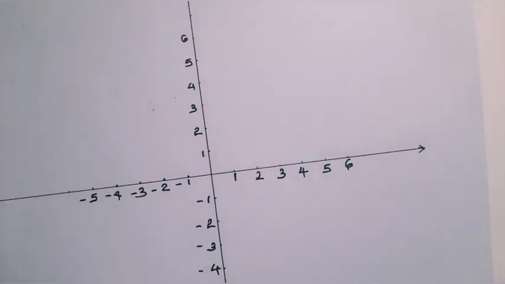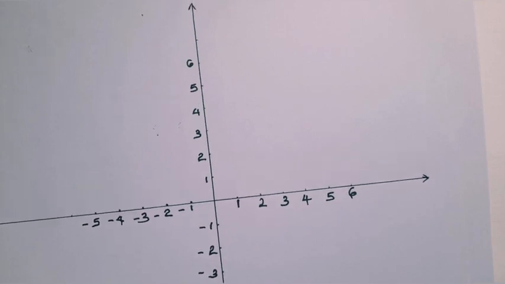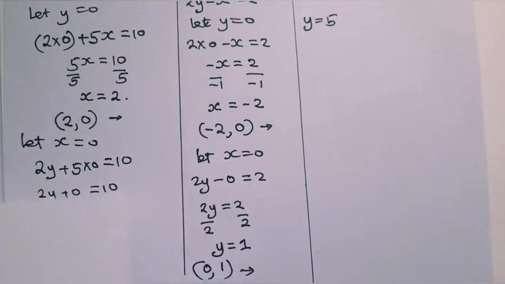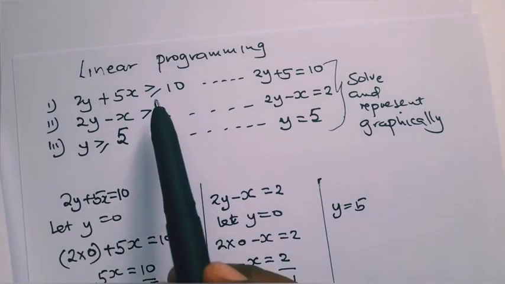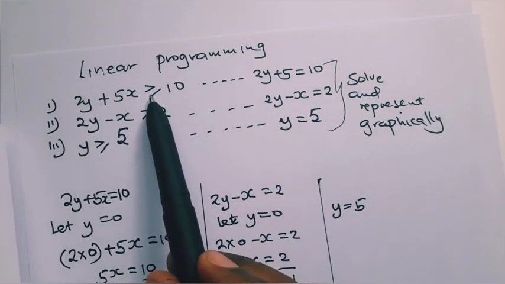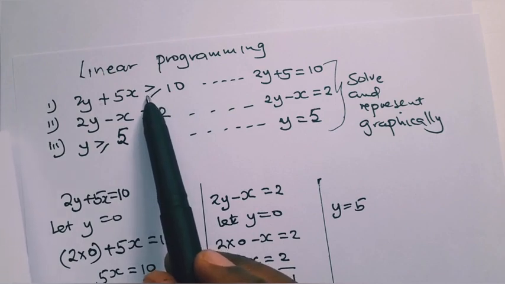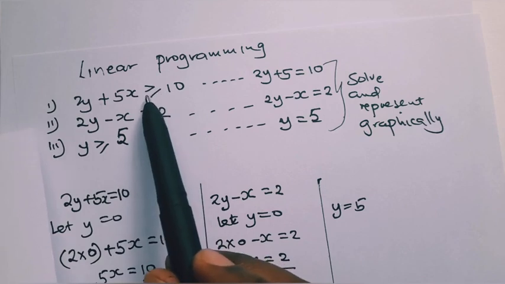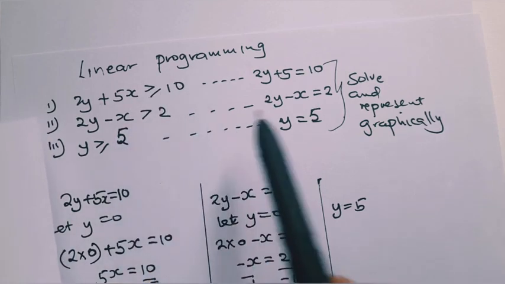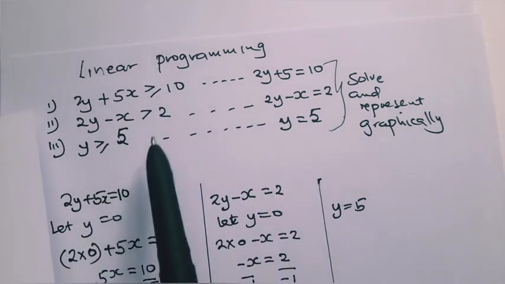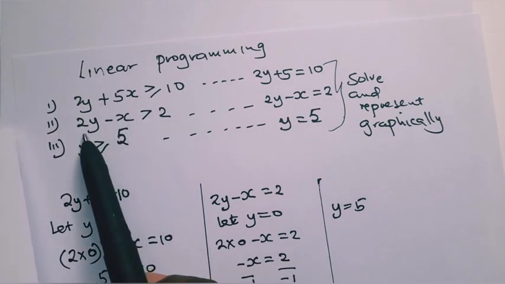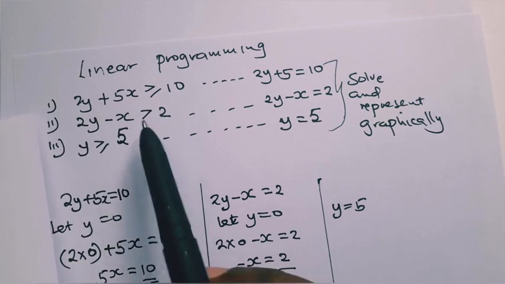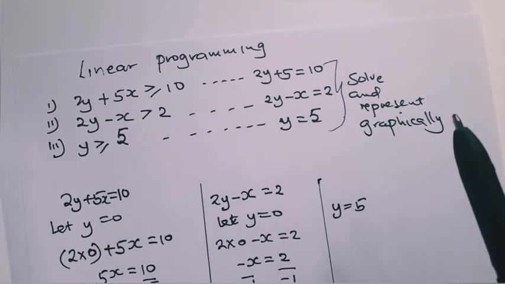Before we draw the graph, we shall have to remind ourselves that for an inequality like this one, the one that has equal or greater, it can be equal or greater or equal or less. For the one that has double, it means the line that will be drawn will be a continuous line. But for a case like this, where 2y minus x is greater than 2, we normally use a dotted line.